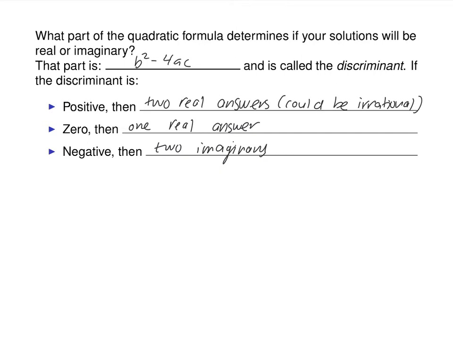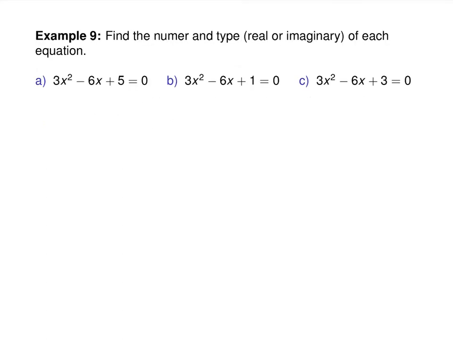So when you're asked, that's why there's 0 space on example 9, because all I'm going to ask you to do is figure out how many answers and then what type, not actually find them. Okay. So all we're going to do is work out the b squared minus 4ac bit, nothing else.